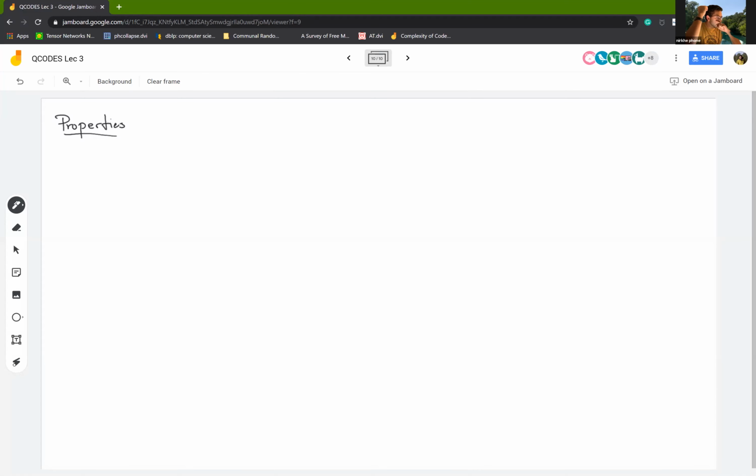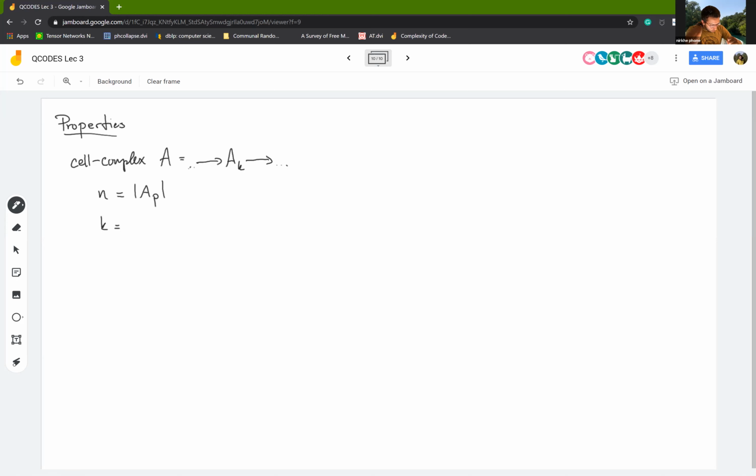Okay, so first I just recall for a cell complex, if I have a cell complex A, then if I try to create a quantum error correcting code from the pth level of this, then n, the number of physical qubits, is going to be the size of the pth level.